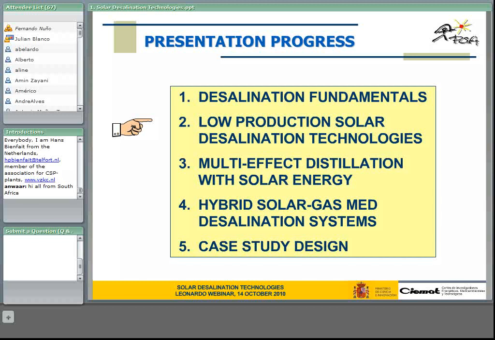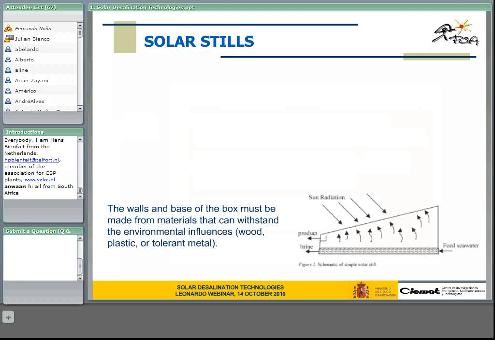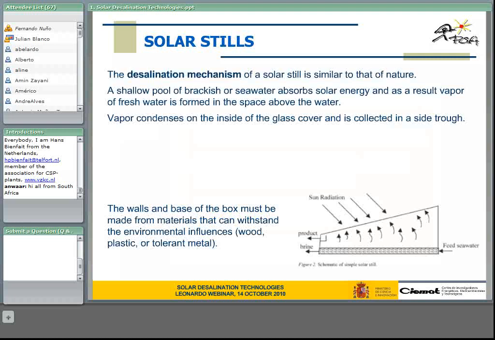In the case of low capacity, the first technology, the clearest and oldest technology, is the solar still. A solar still is based on one transparent cover, a glass or plastic surface, through which we collect the solar radiation.